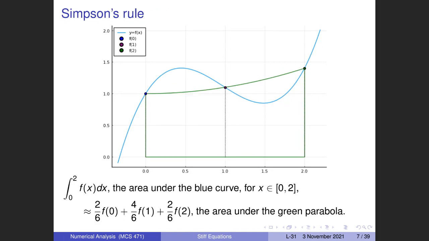With Simpson, you construct a parabola through 3 points, the endpoints and then the midpoint. So this is another presentation of Simpson's rule. We can see Simpson's rule as the trapezoidal rule with one more point. We recycle one function evaluation. The Simpson rule here gives the area under the green parabola as the approximation for the area under the blue curve.